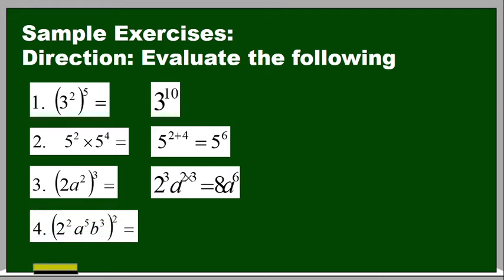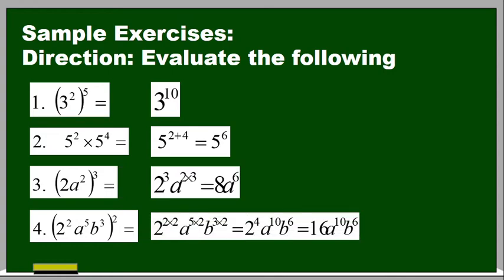And still in power of powers. Okay? So the quantity 2a to the 5th b cubed is raised to the 2nd power. Okay? So your keyword is multiply the exponents. A to the 5th is multiplied by 2, right? 5 times 2. And b raised to the 3rd power times 2, or 3 times 2.